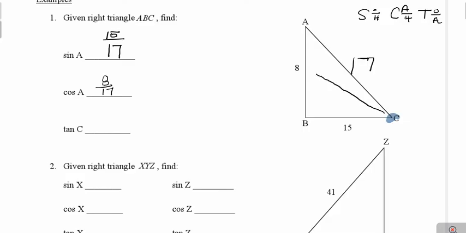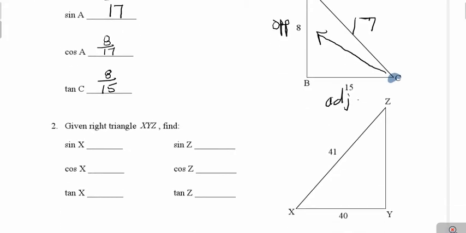So the side opposite of angle C would be 8. And then adjacent would be the 15 because we know that AC is the hypotenuse. So 8 over 15 would be the final answer. Now keep in mind, since these are ratios, they're fractions, always make sure that your final answers are completely reduced.